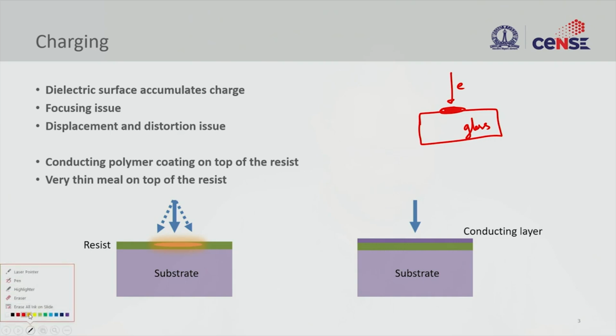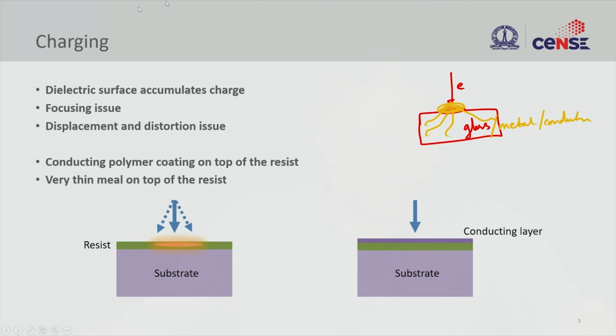Because electrons can't go anywhere, because the layer is insulating. But if this is a metal or a conducting substrate, then the electrons would dissipate into the material, so that you will not have this cloud formed. That is exactly the issue here.